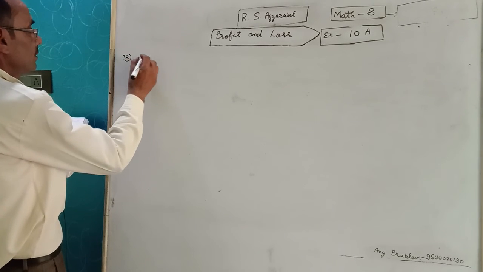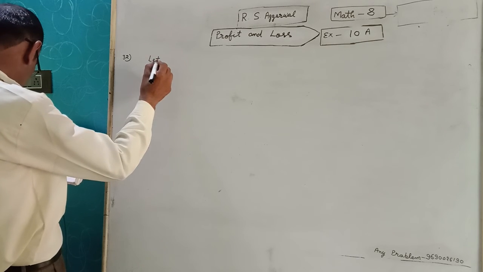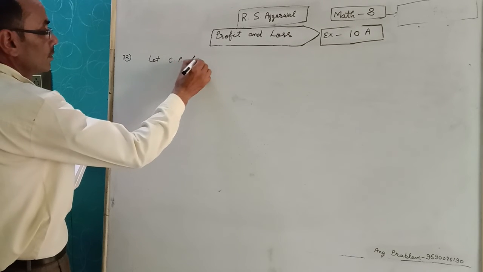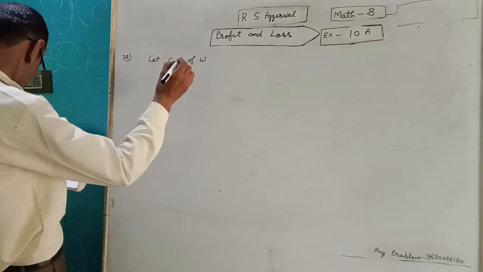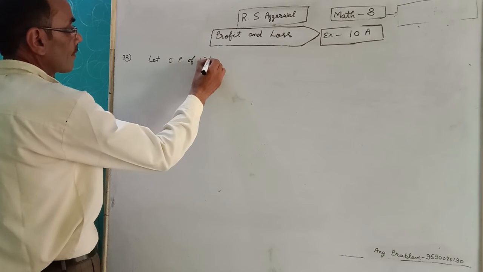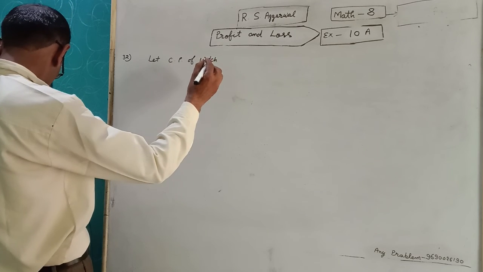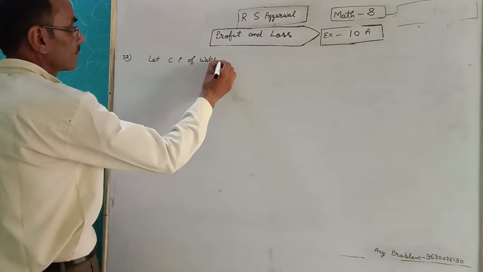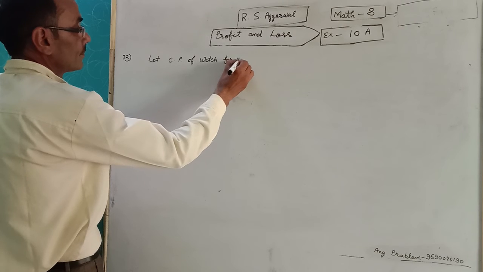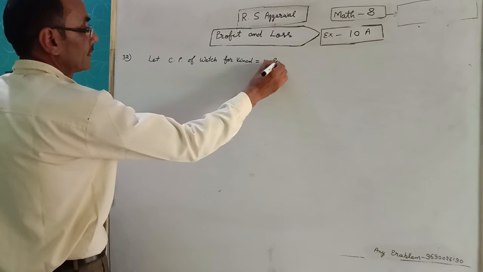32 question. You first let the CP of this watch for Vinod is equal to X rupees.